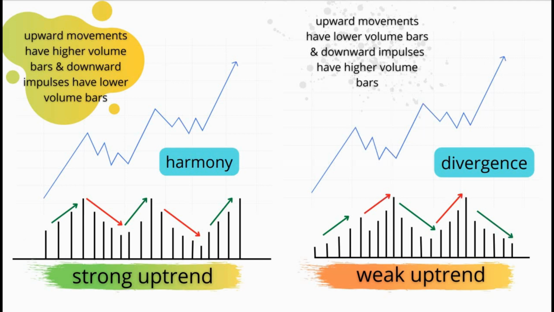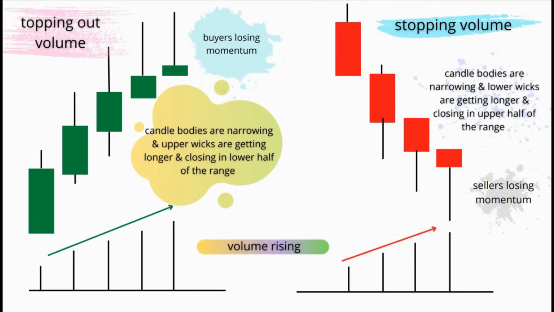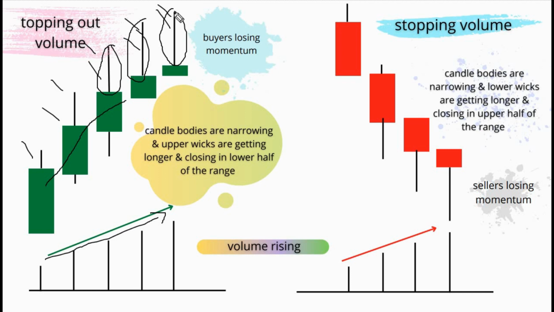Okay, see here, see the candles. Each candle is forming, but there is rejection of higher prices, but the volume is going up. So what is this indicating? Candle bodies are getting narrower and narrower, and the upper wicks are increasing in length, which is indicating that buyers are losing momentum and the volume is increasing.